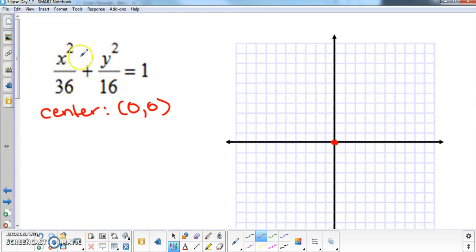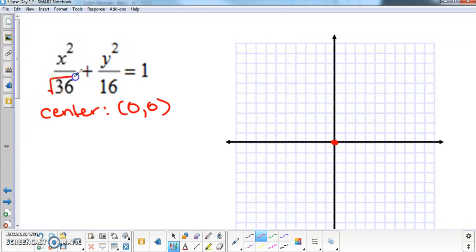So remember in the other equation, I had x squared over a squared plus y squared over b squared, or x squared over b squared plus y squared over a squared. I just said a is always my larger, and that's going to be right here, underneath my x. So if this is a squared, I need to find my vertices, which are plus or minus a units away from my center.